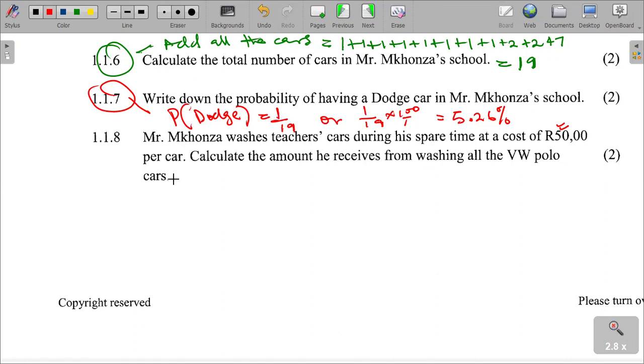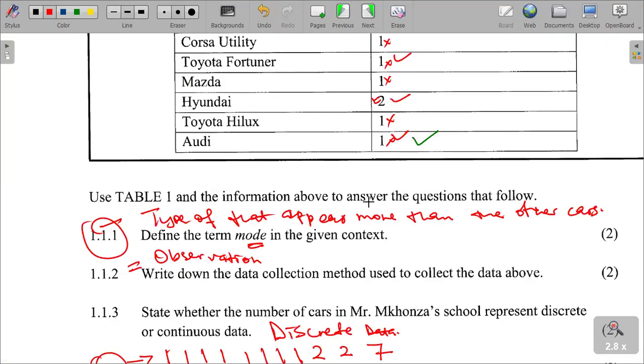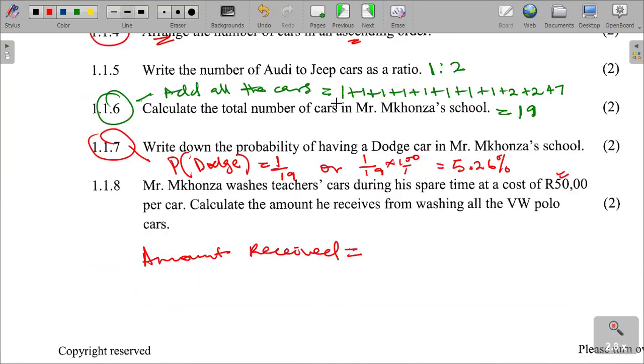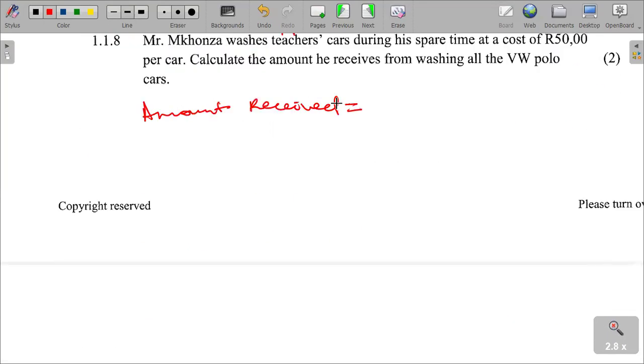You should check the amount received. So class, understand this. We can go straight to the question again, and check the polo cars that are there. They are 7. So we go straight to our question, which is getting 50 rand per car.